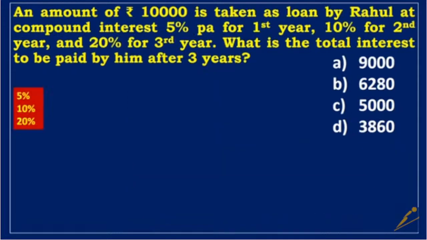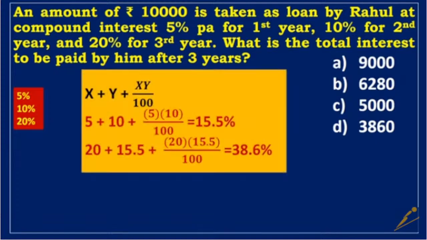An amount of 10,000 rupees is taken as a loan by Rahul at compound interest of 5% per annum for the first year, 10% for the second year, and 20% for the third year. What is the total interest to be paid by him after 3 years? To solve this problem, we can use effective percentage calculation. That is 5 plus 10 plus 5 into 10 divided by 100.